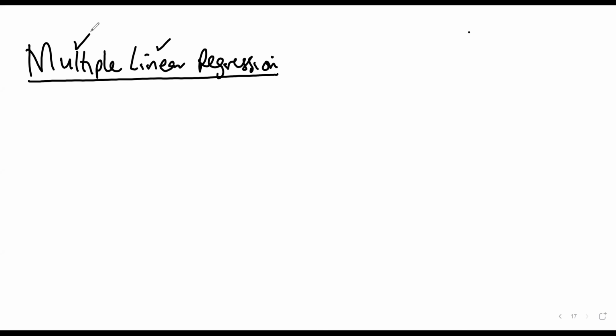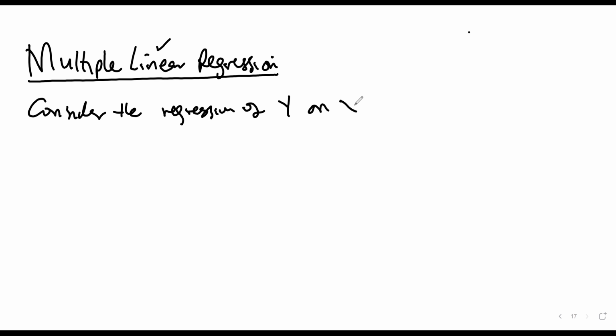For example, let's consider the regression of, let's say, y on x and z.